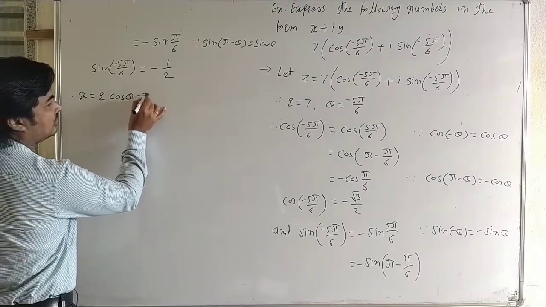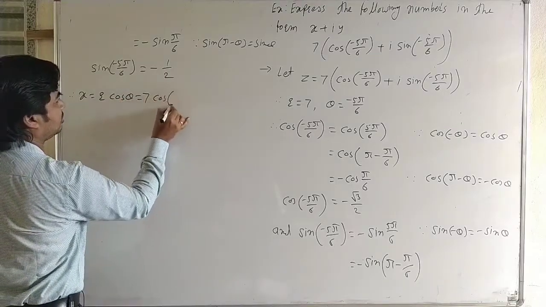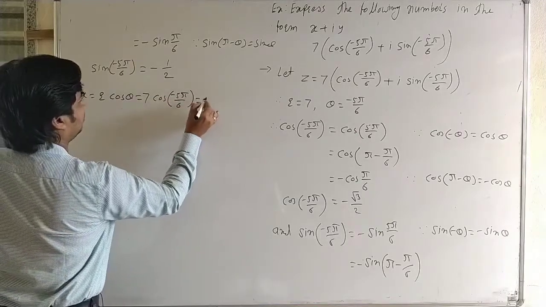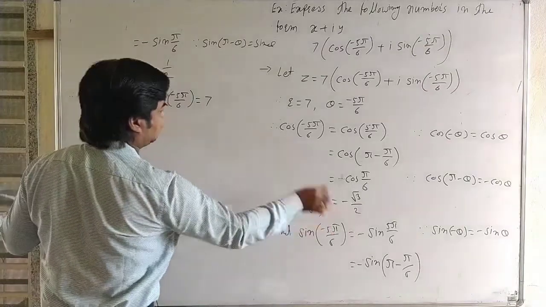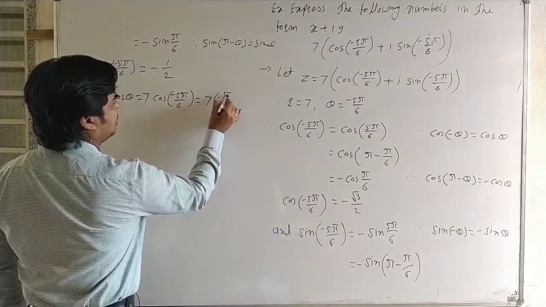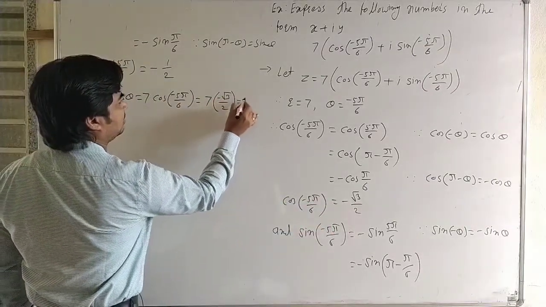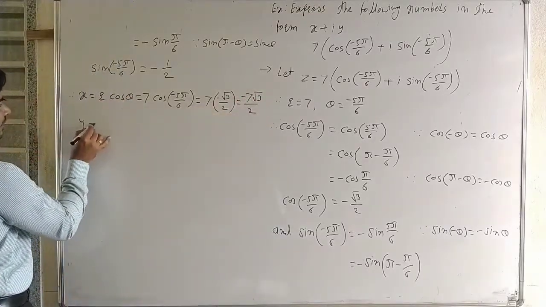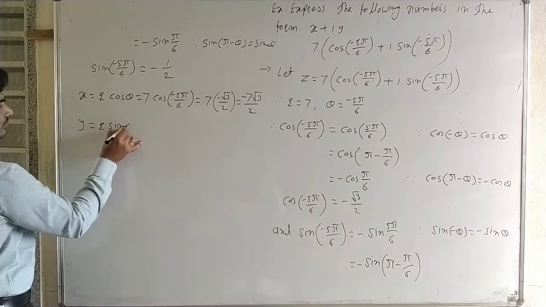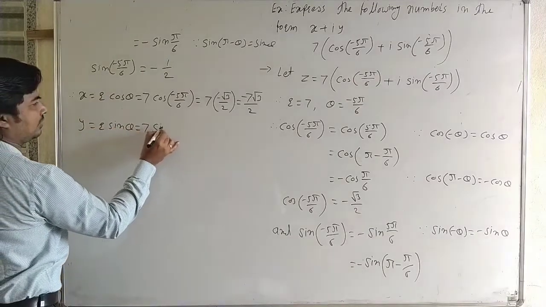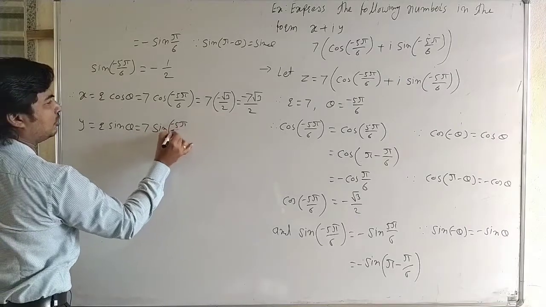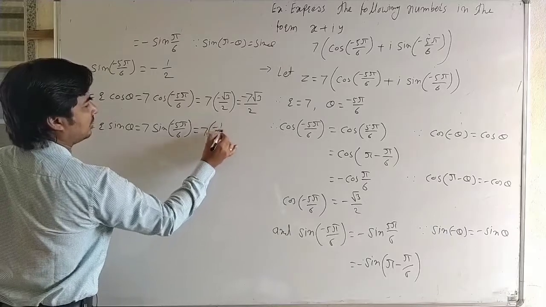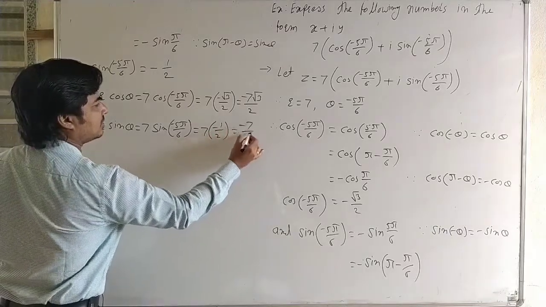Therefore x is equal to r cos theta, that is 7 into cos minus 5 pi by 6, which is 7 into minus root 3 by 2, that is minus 7 root 3 by 2. It is the value of x. And y is r sin theta, which is 7 into sine minus 5 pi by 6, equal to 7 into minus 1 by 2, that is minus 7 by 2.